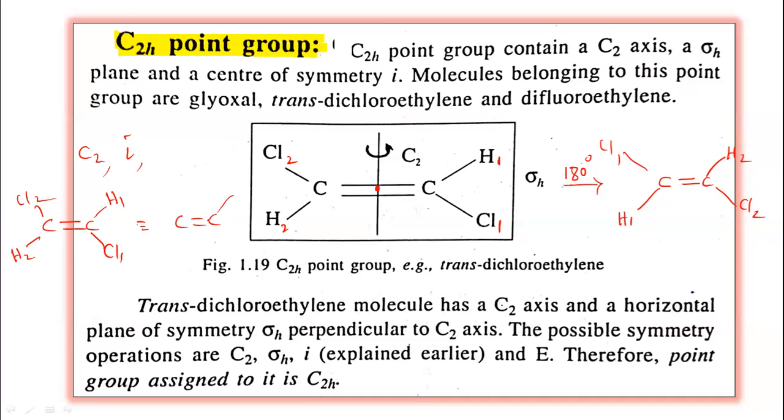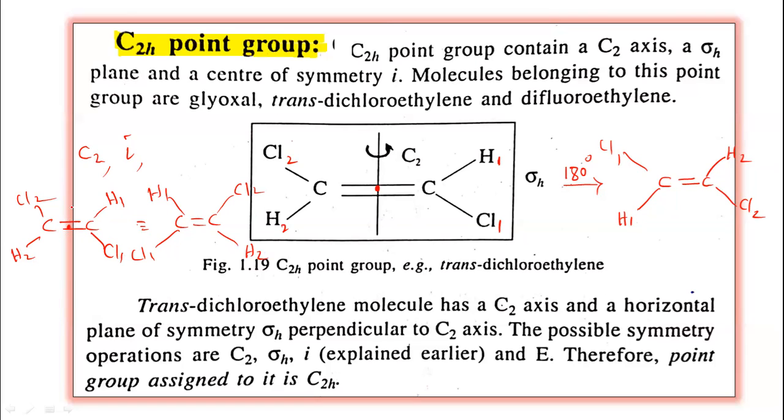Chlorine 1 and hydrogen 1 come to the front side, and chlorine 2 and hydrogen 2 go to the back side, by passing the horizontal plane of symmetry through this.